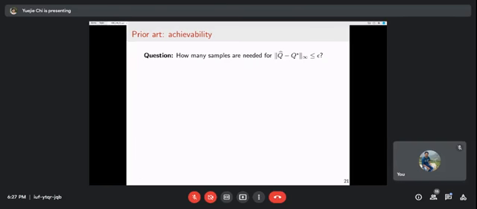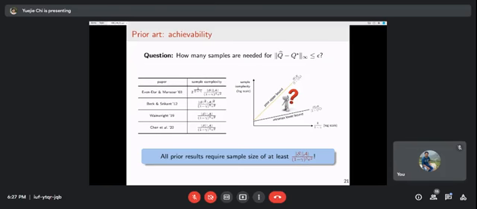What do we know about the sample efficiency of Q-learning? There has been a lot of prior work trying to understand Q-learning, as you can imagine, because this is a very fundamental algorithm. Among the prior art, the state-of-the-art result from the last two years is the paper by Wainwright and Chen et al., where they established a sample complexity on the order of SA divided by (1 minus gamma) to the fifth order times epsilon squared.